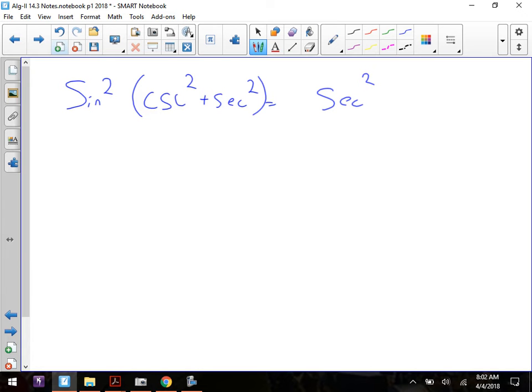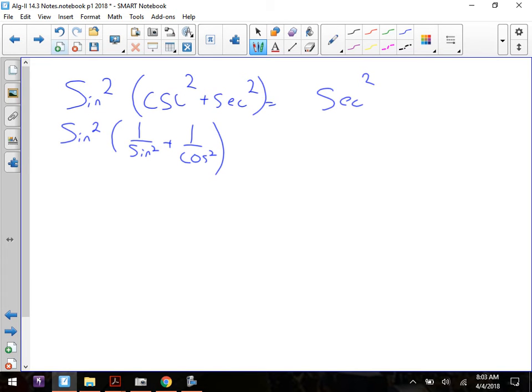So in order to make this one work, a lot of times people will try to go right off the bat, and you can do distributive property. The easiest thing you would do first is rewrite these in terms of sines and cosines. I just realized I should do distributive property as opposed to what I did on my sheet.